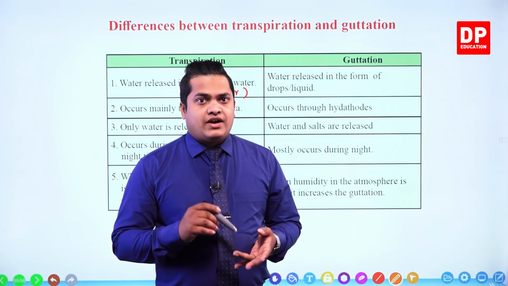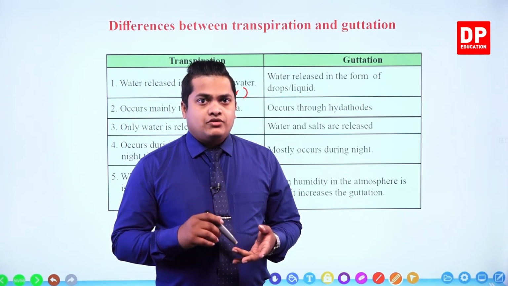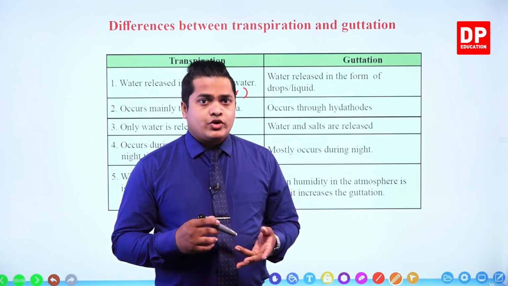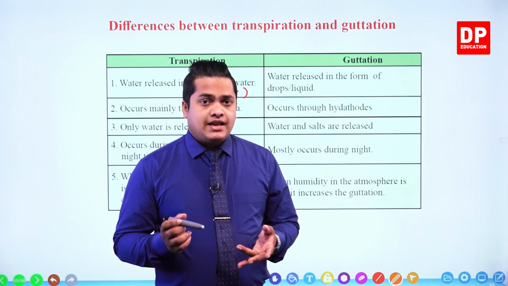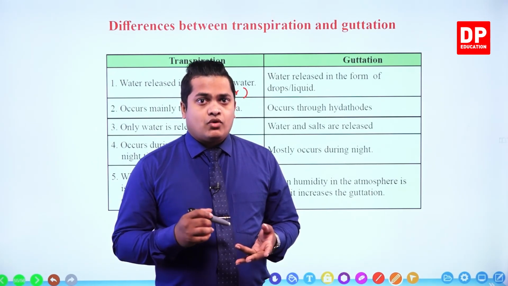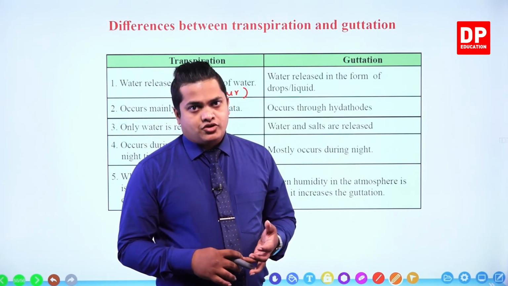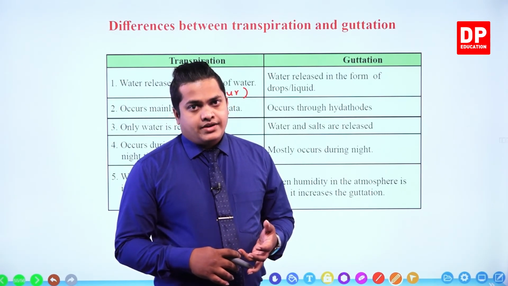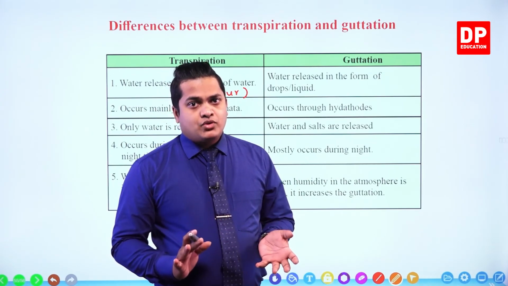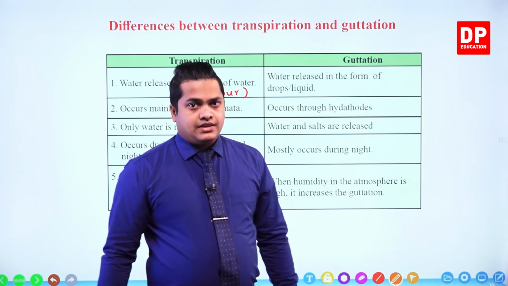Then finally, we discussed the two other biological processes that occur within the plant in helping the maintenance of water balance. The first one is transpiration, and the second one is guttation, right? So we have come to the end of our lesson.